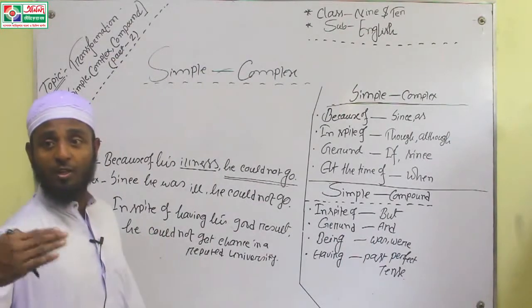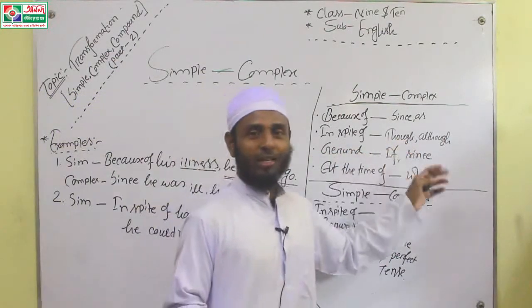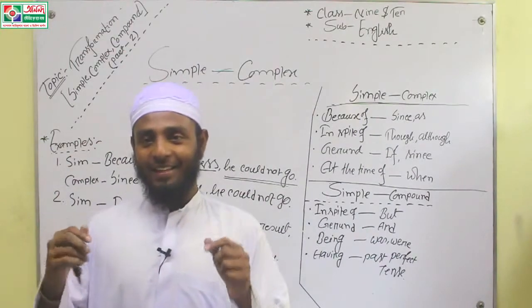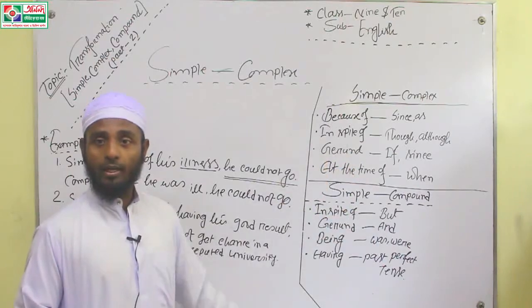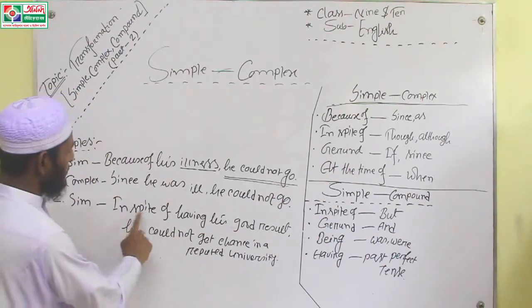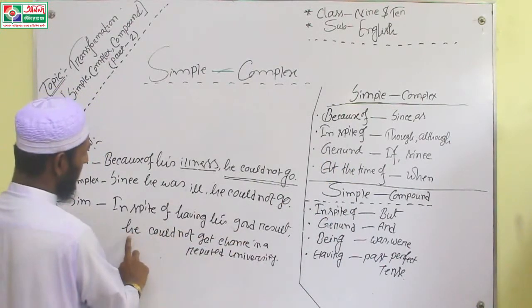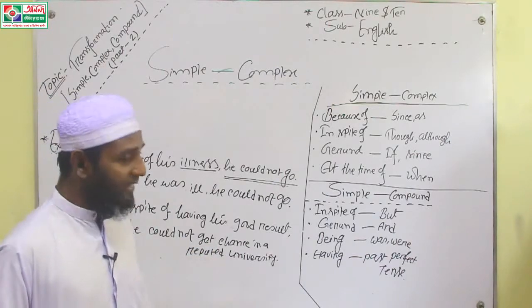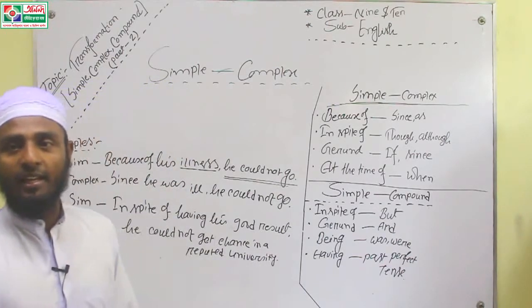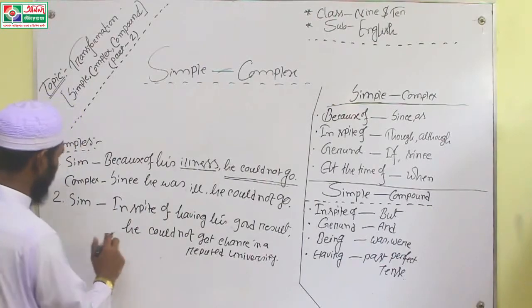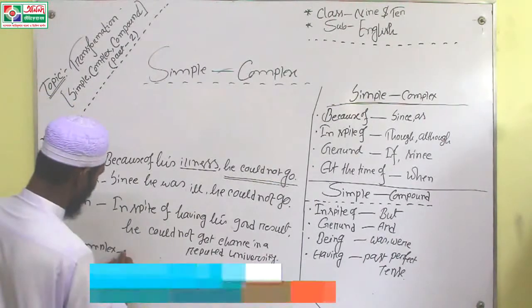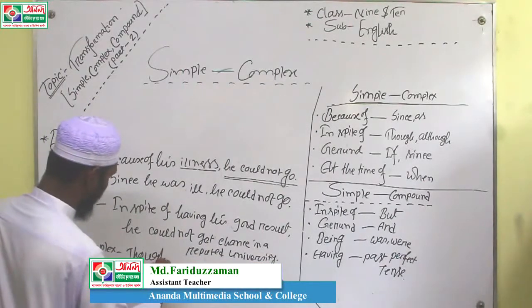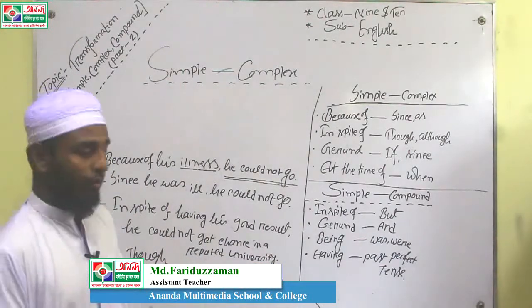So in spite of, we will use though. If we find in spite of, we will use though. Okay? In spite of his good result, he couldn't get a chance in any reputed university. Okay? We will make it complex. It will be though.